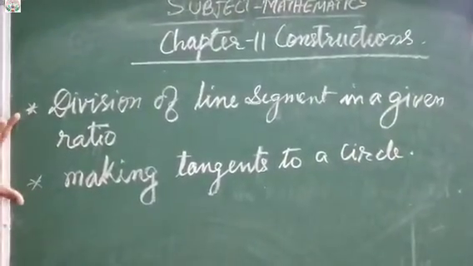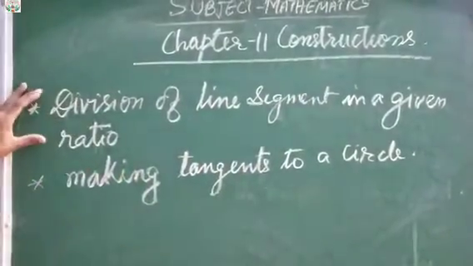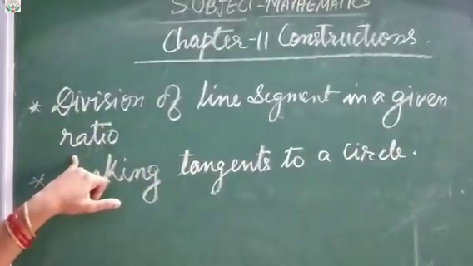These two topics we are going to cover in this particular lesson on constructions. So first we will take division of line segments in a given ratio.